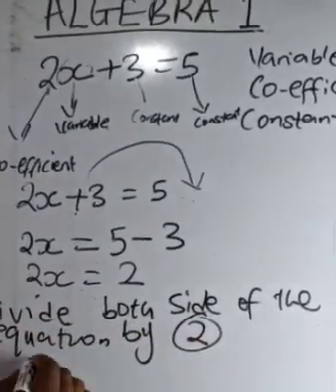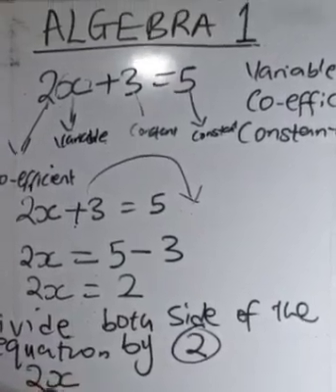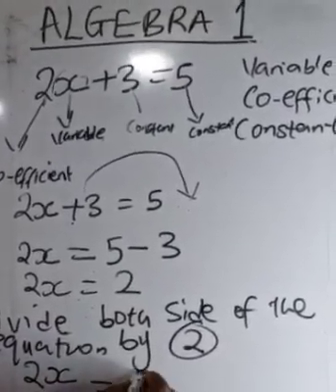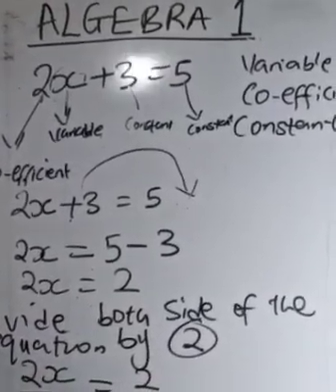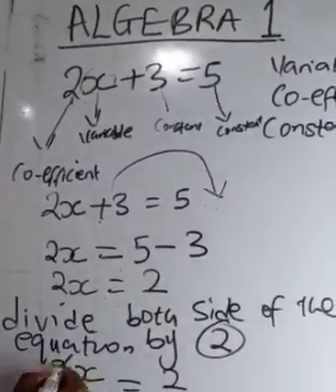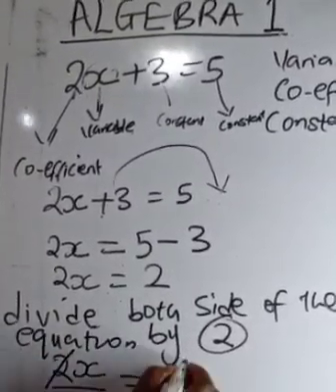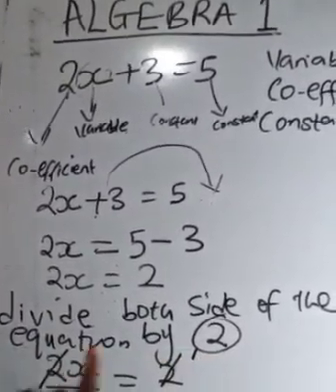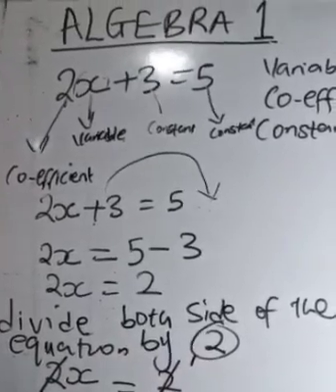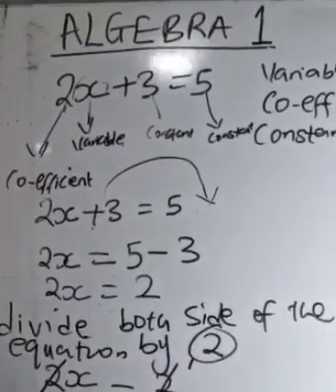So just to rewrite the equation, we have 2x over 2 equals 2 over 2. So this 2 will cancel this. Then 2 here, 1. 2 here, 1. So what do we have left? x equals 1.